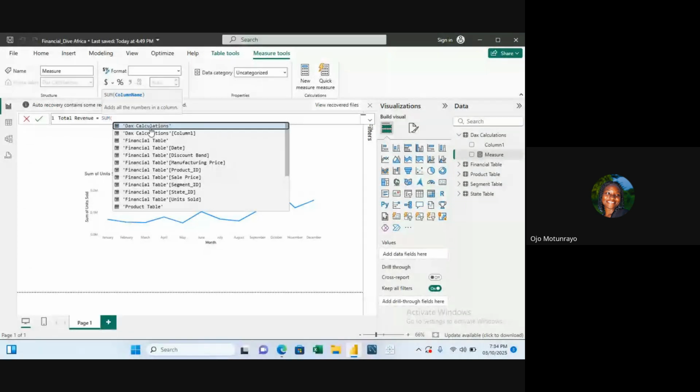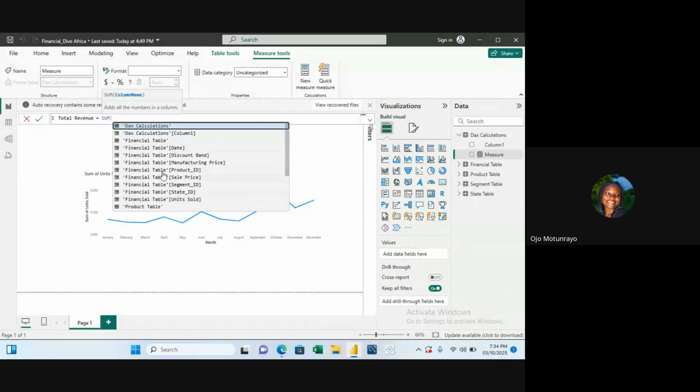What's the table name? The table name is this financial table. These are the ones we created ourselves that we later merged together. It can be sales table, but this particular data is financial table, and we can see it here.